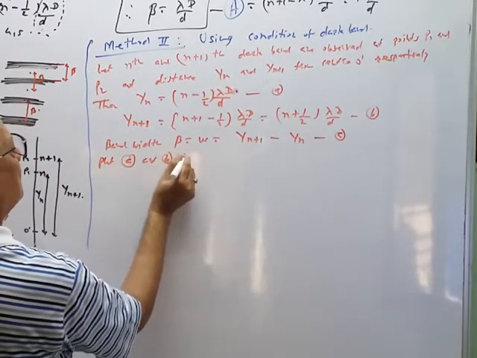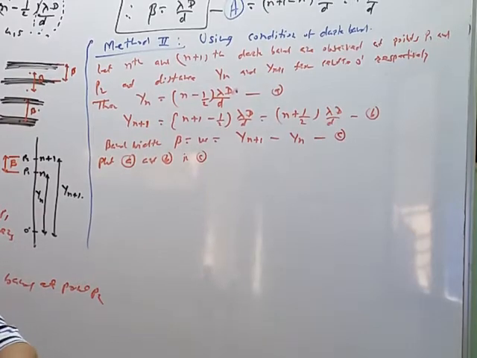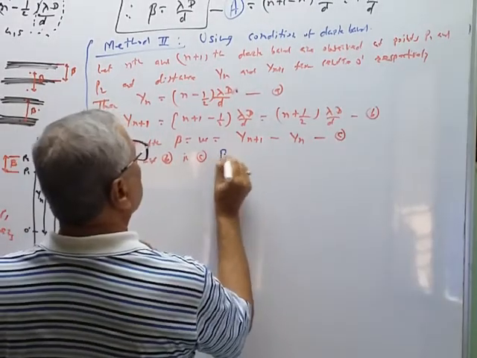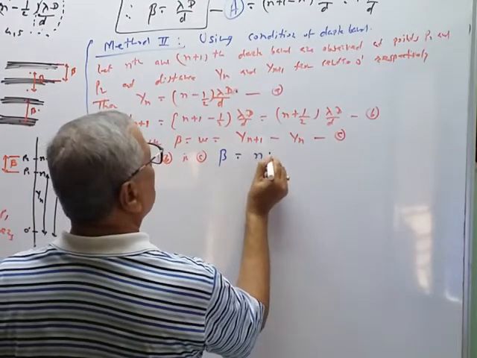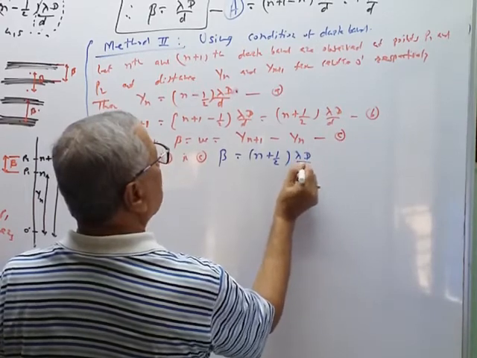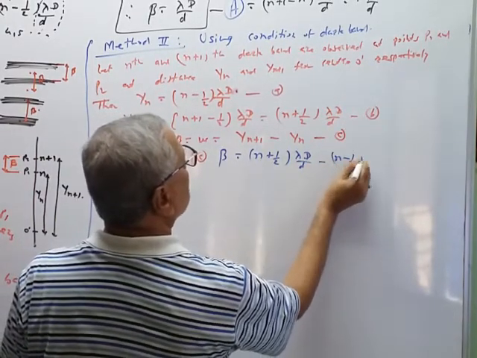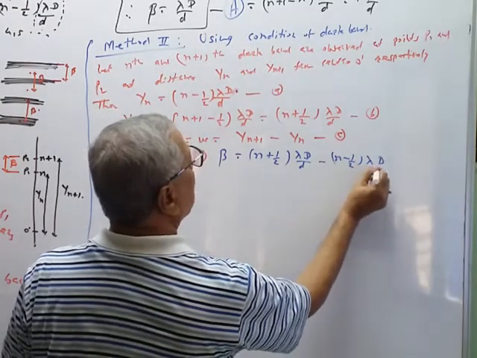Therefore bandwidth beta is equal to n plus half lambda capital D upon small d minus n minus half lambda capital D upon small d.